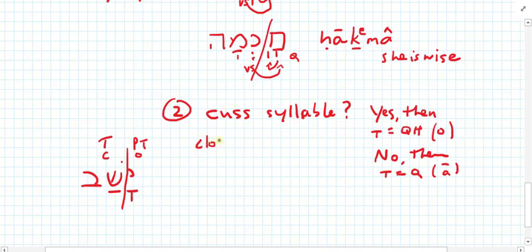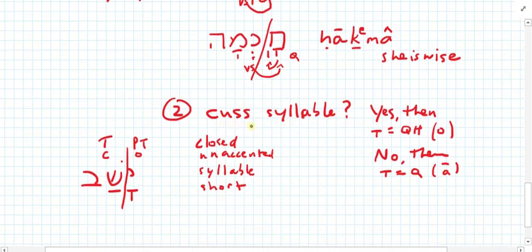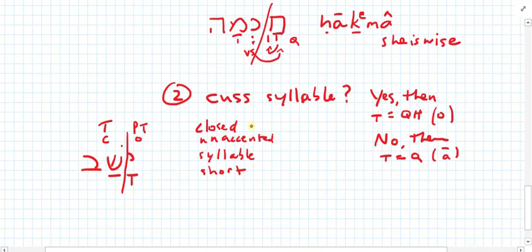Closed, unaccented syllables. What did we learn about the rule qas? A closed, unaccented syllable requires a short vowel. And so that's what we're dealing with. If it's in a qas syllable, then it's going to be a qames-hatup.